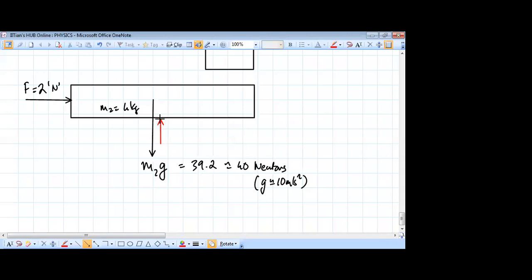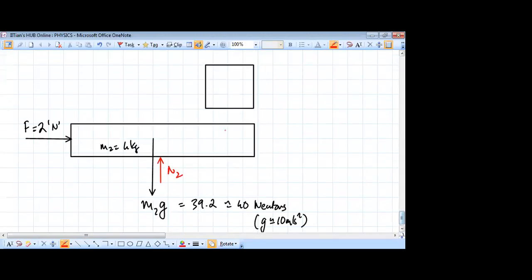Let's take that as some N2. But what will also happen is that this block is applying a downward force on this, and this is applying an equal and opposite upward force on this. So if this is applying a normal reaction N1, this is applying an equal and opposite normal reaction N1 downwards.